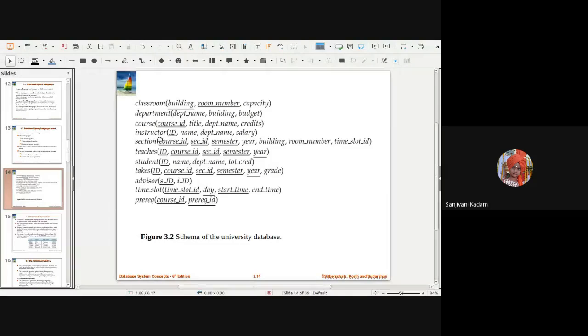Next, instructor gives information about which instructors or teachers are available. Section gives the history, meaning when this course was taught.